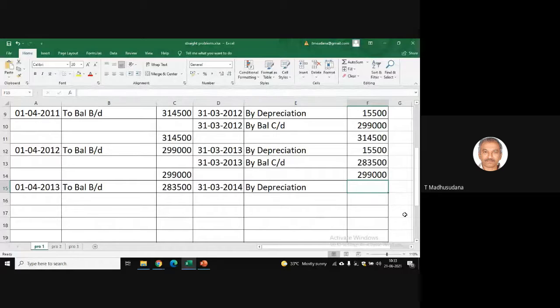How much? 15,500. Same amount. 2,83,500.